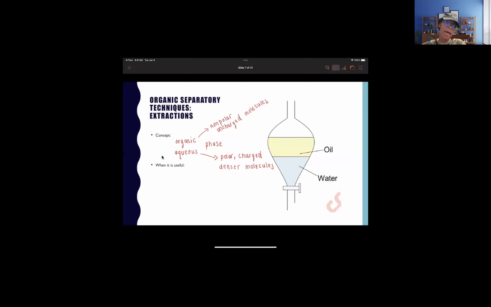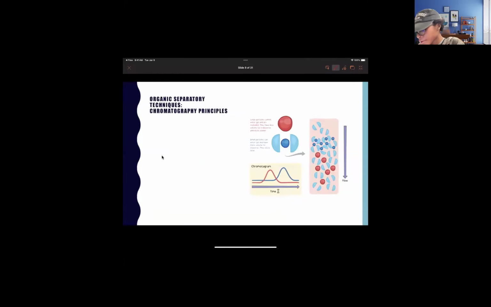If you can get the molecule to its isoelectric point, a state where it's no longer charged, that's how you can then further separate them, because you can essentially change the molecule to a non-polar state and then separate out that acid or that base of interest. Okay, moving on.